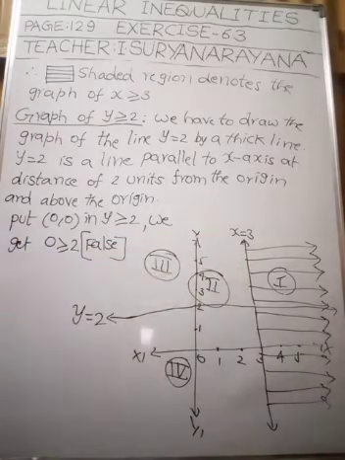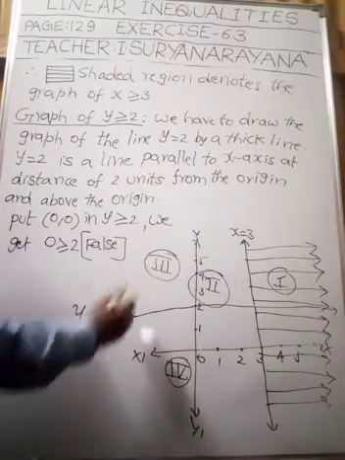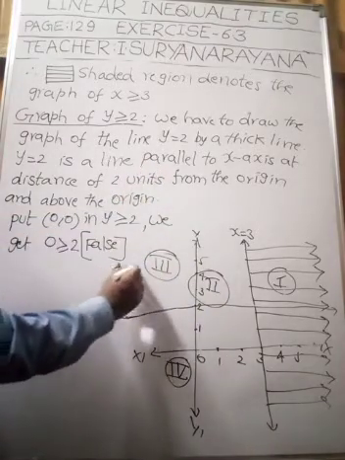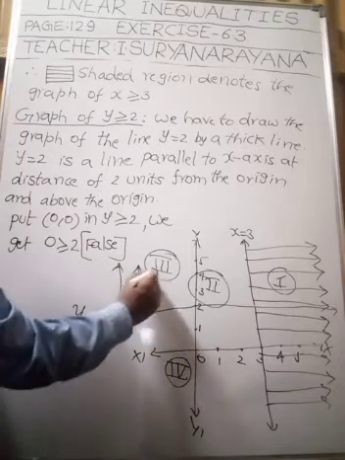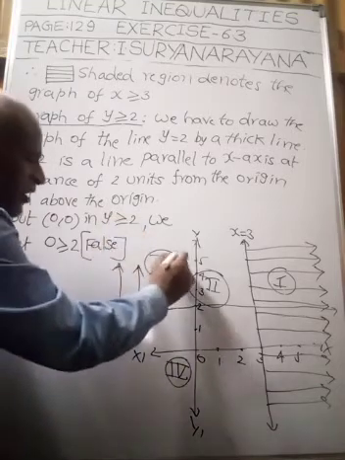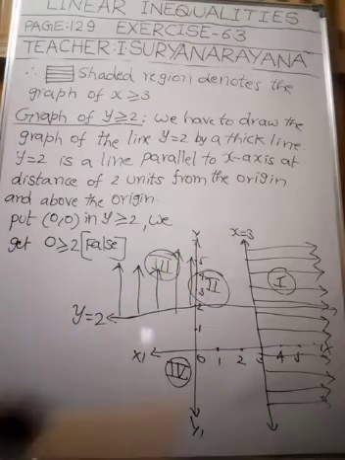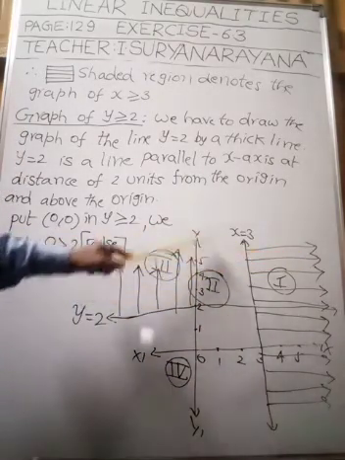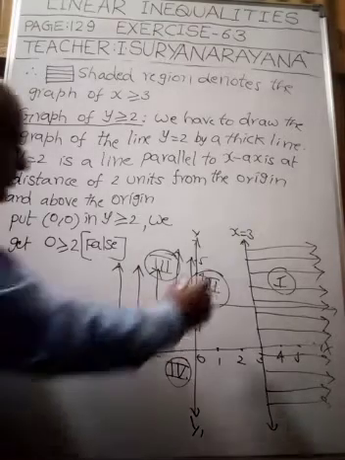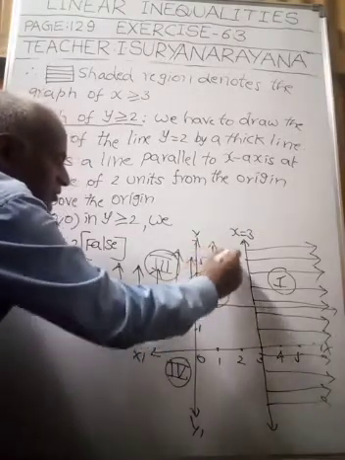Understood this point, my children? So we have to shade this half plane like this. Above this line the half plane should be shaded by different lines. Here I have used horizontal lines, now I am using vertical lines. Understood this point, my children?